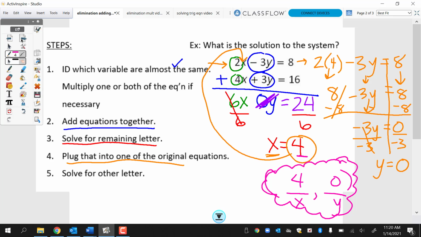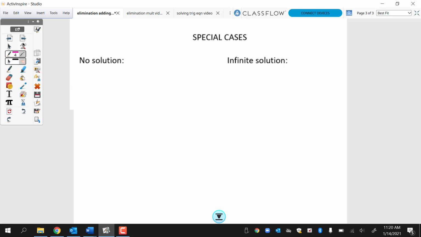Okay, now we know sometimes special cases, we know we have our no solution and infinite solution. That still happens. Just because we're solving equations doesn't mean it doesn't happen. So no solution is when you add up your equations and the x's add to 0 and the y's add up to 0. If they both add up to 0, but the other side, the naked number, does not add up to 0.